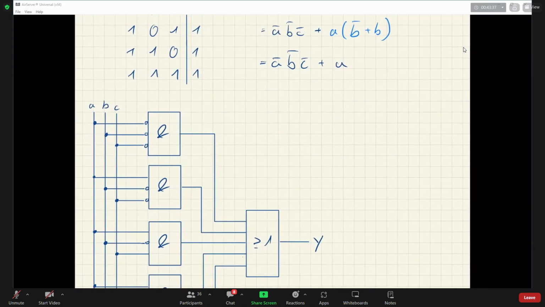So that's with directly simplifying. And if you are now drawing that one, it would look like A naught, B naught, C naught, and the output of that is the input of our OR.